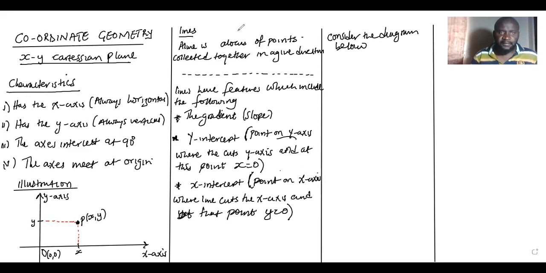Whereby if you have this as your Y-axis, let me draw it here, then this as your X-axis, then you have a line. This line, let me define it by another color.